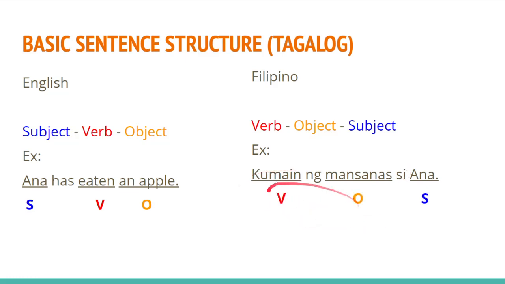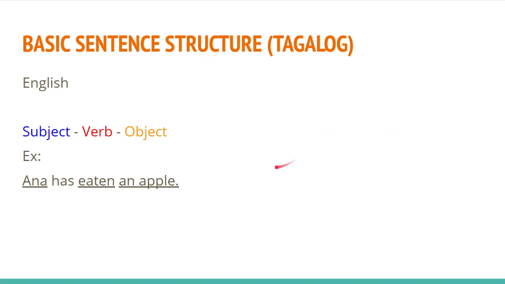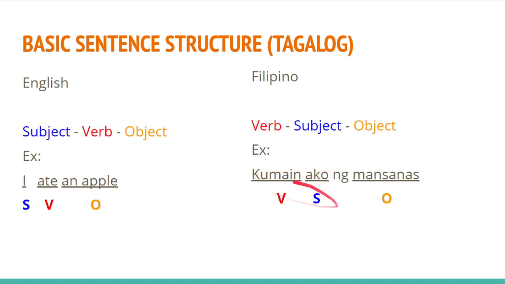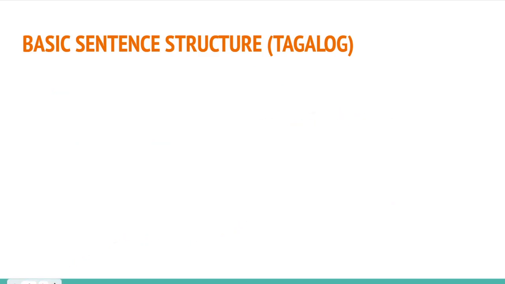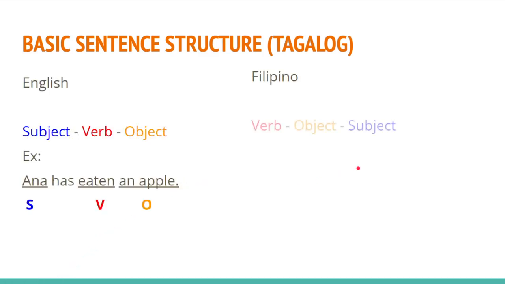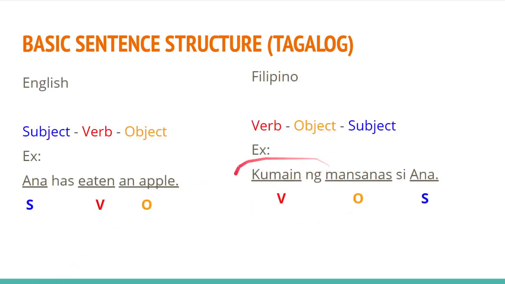The previous example is this one, see? Kumain ako ng mansanas, because the next after the verb is a subject, not an object. Unlike here, where the verb is followed by the object and then the subject. So this is another structure.